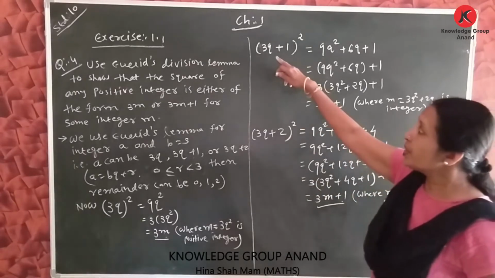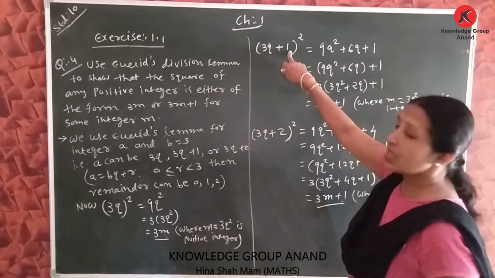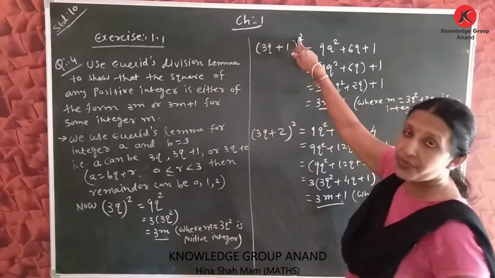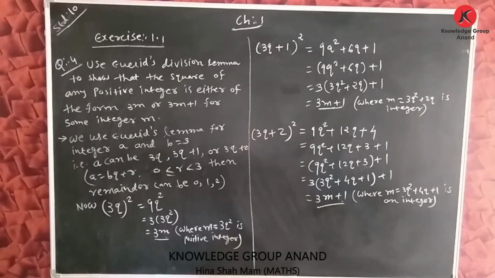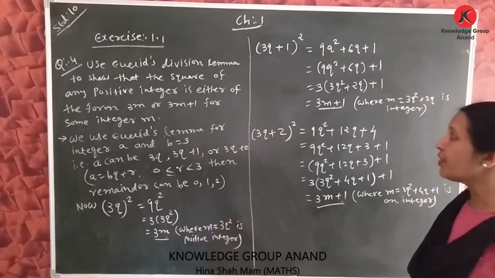Put 2: 3 times 2 is 6, plus 1 is 7. 7 square is equal to 49, and 49 is equal to 48 plus 1. 3 times 16 is 48, plus 1, so it is of the 3m plus 1 form.